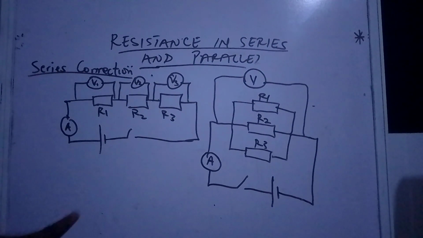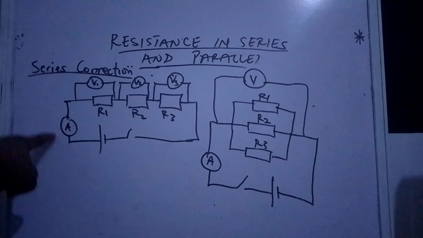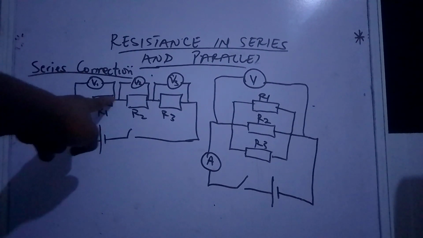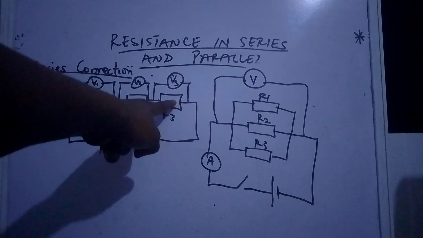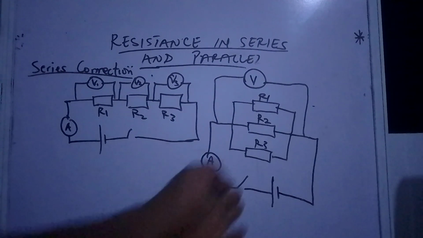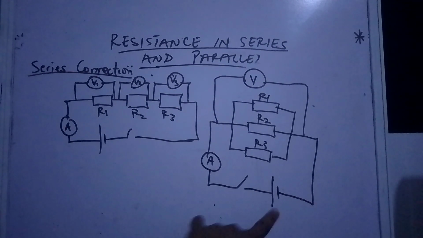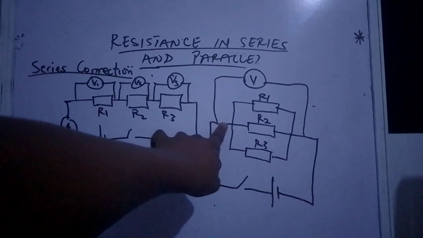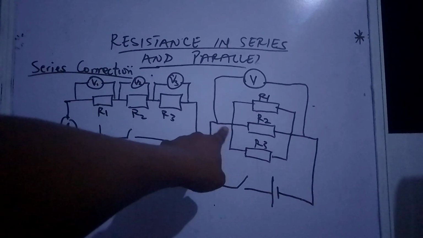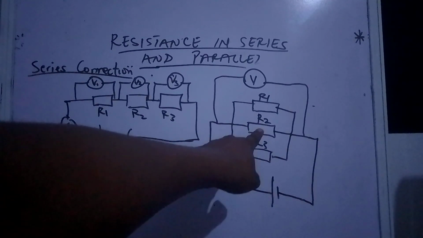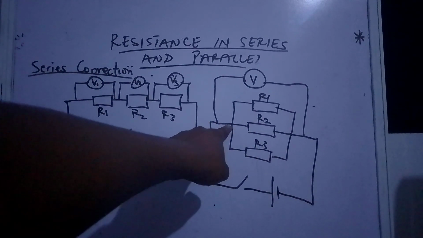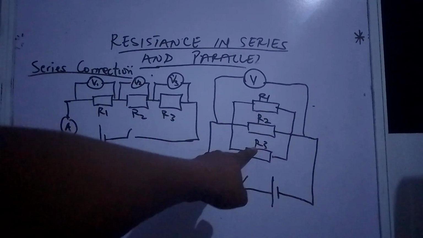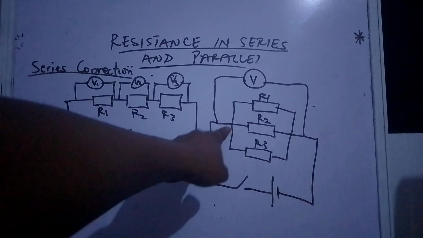And how do I know that it is in series? When current flows from this source, it flows directly into R1, into R2, and directly into R3. But let's look at this kind of connection. When current flows from the cell and gets here, where the resistors are, the current cannot enter here without splitting at this point. So for current to enter into R1, R2, R3, current must split into 3 because you have 3 resistors.